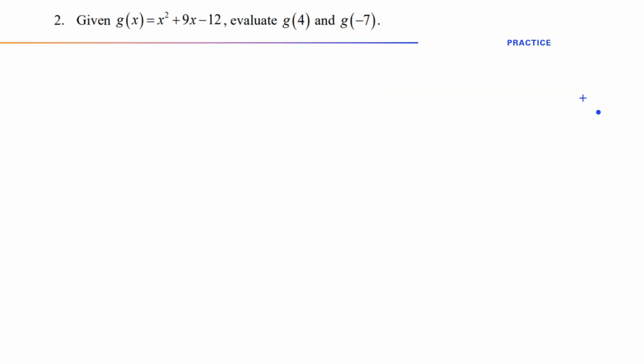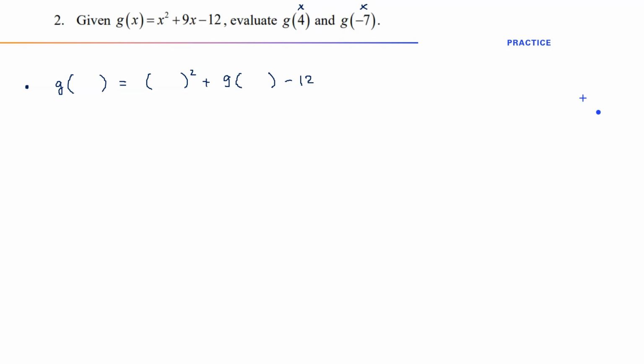Question number 2, we have g of x equals x squared plus 9x minus 12. Now evaluate g of 4. So it means x equals 4 and x equals -7. So the first case we have g of ( ) equals ( ) squared plus 9( ) minus 12. Alright, now what is the value?